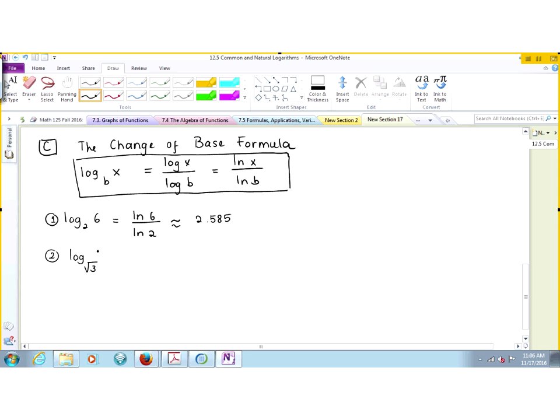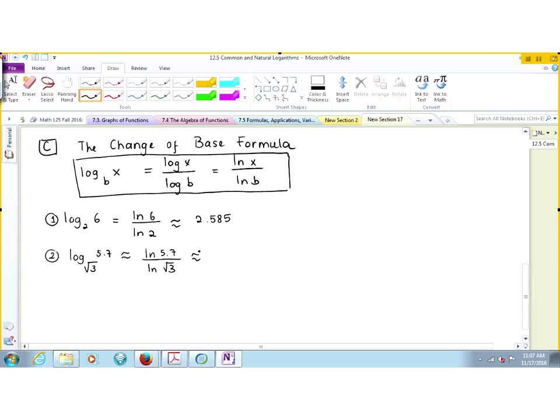Now, you could also do something really silly. So, log base square root of 3 of 5.7. I'm just making it up, just having fun here. How would you write it? Well, it's just ln 5.7 divided by ln square root of 3.